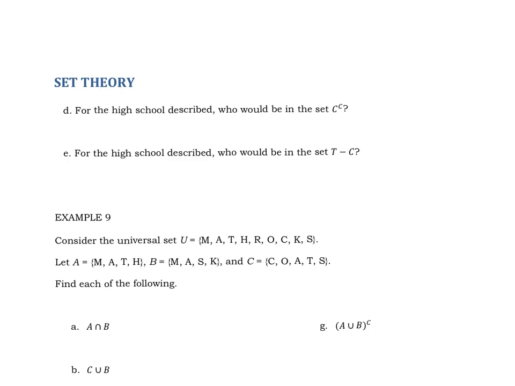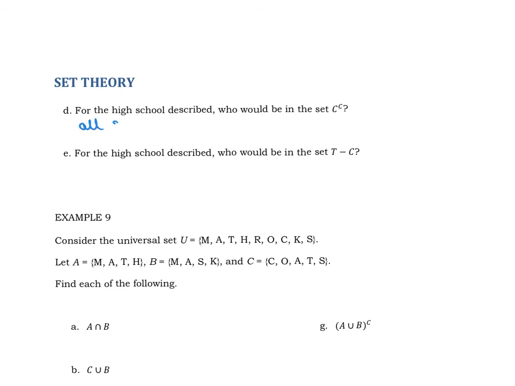So for the high school described, who would be in the set C complement? So C being our cross-country athletes, and then the complement means they're not cross-country athletes. Now remember, that does not mean that they have to run track. There are a whole bunch of students in that high school that might not run cross-country or track. It doesn't mean every kid in the high school has to do both.